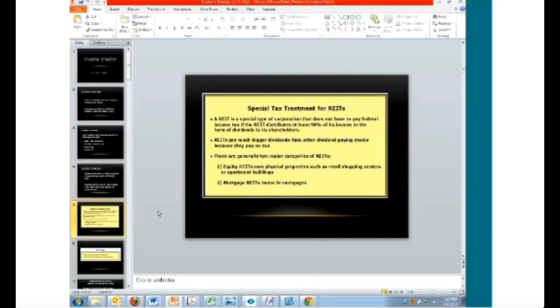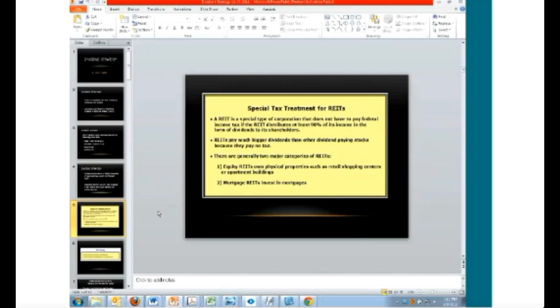And let's talk about real estate investment trusts for a minute. And of course, they get a special tax treatment. Real estate investment trusts don't have to pay any federal income tax if the REIT distributes at least 90% of its income in the form of dividends to shareholders.